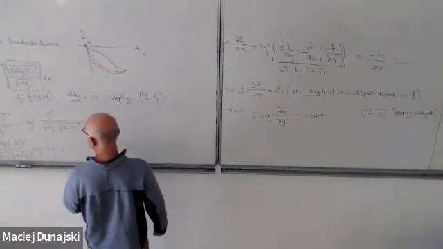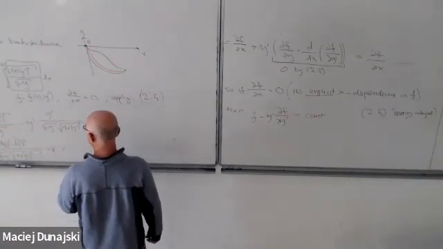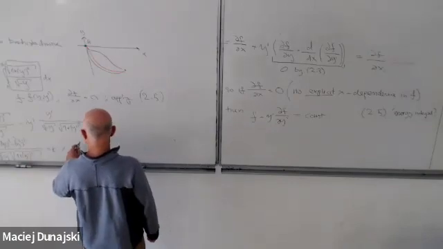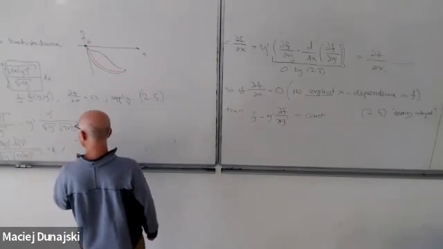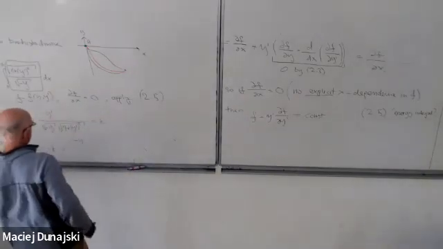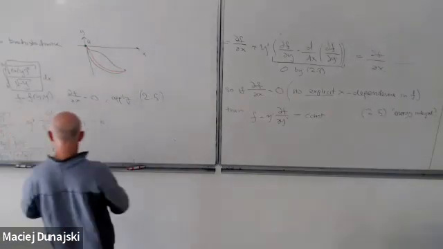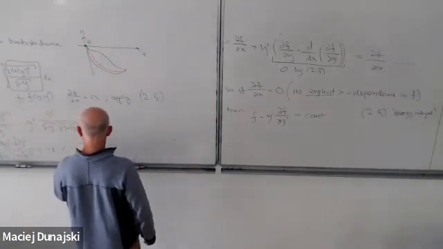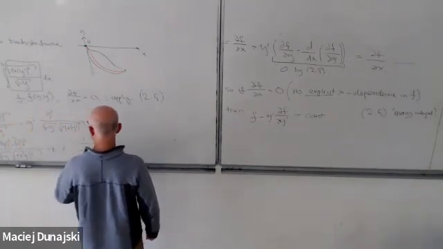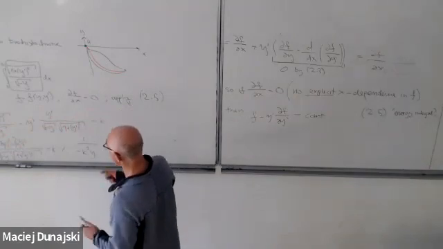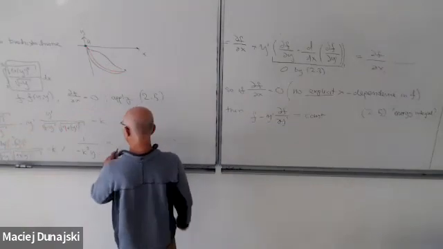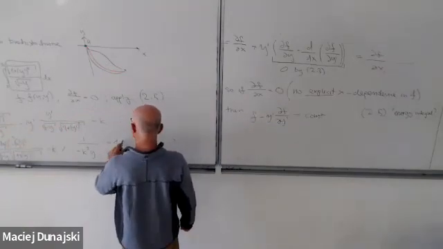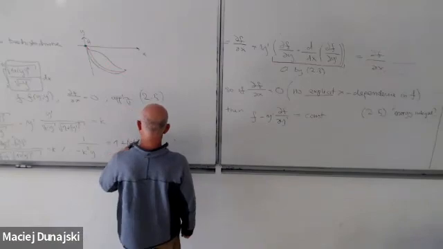So if I do that, I have 1 over minus k squared y. I square and I divide by k squared, and that equals 1 plus y prime squared.